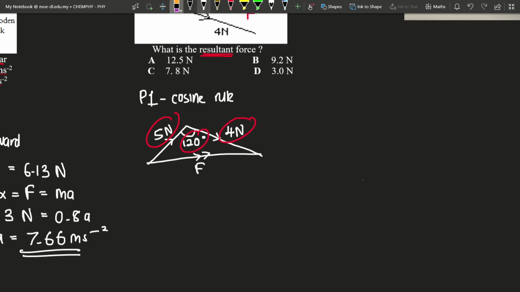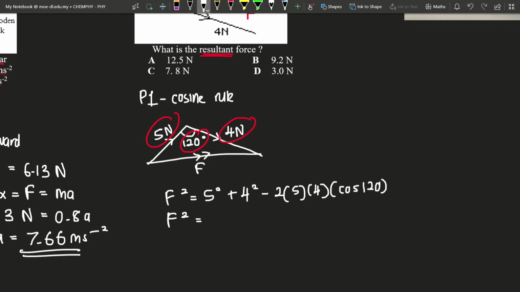This one you've learned. So cosine rule will be F square equal to 5 square plus 4 square minus 2 times 5 times 4 times cos 120. So you will get F square equal to 61.